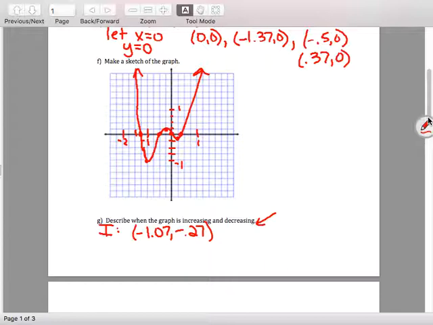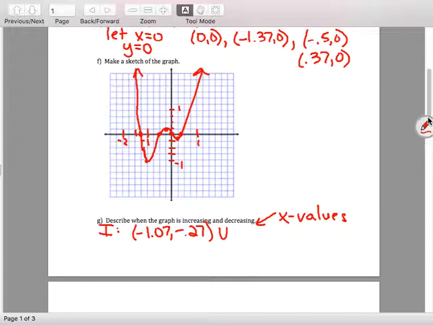I want you to write this down: we use the x values to describe increasing and decreasing. This is the minimum, where the valley is negative 1.07. The little hill is at negative 0.27, the x values. Then it's going to increase again from here over.